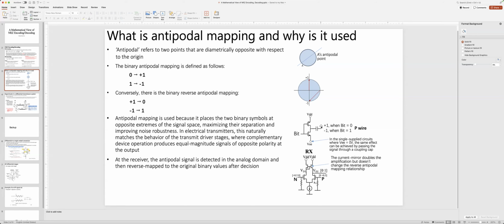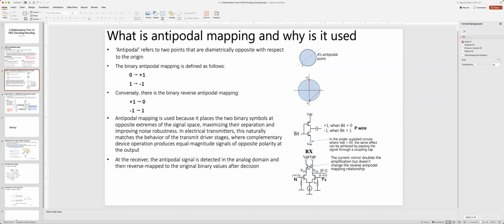So it's still antipodal. And at the receiver side, if we have an input signal presented at the differential input, at the output we will naturally see the reverse antipodal mapping.